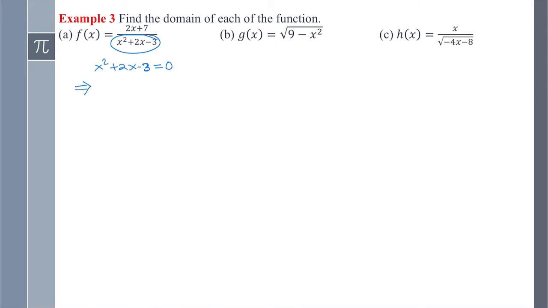We can easily factor this, which is x plus 3 times x minus 1 equals 0, or that gives us x equals negative 3 and x equals 1.